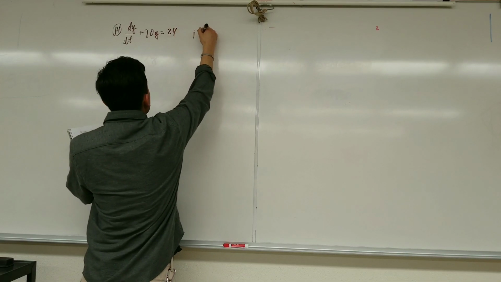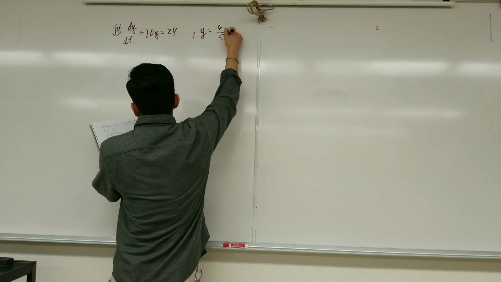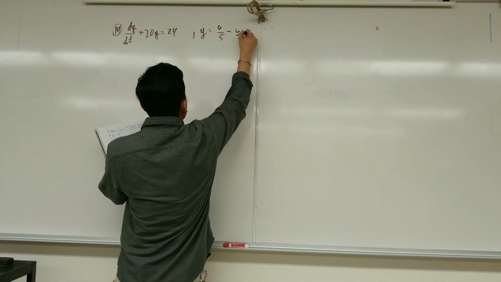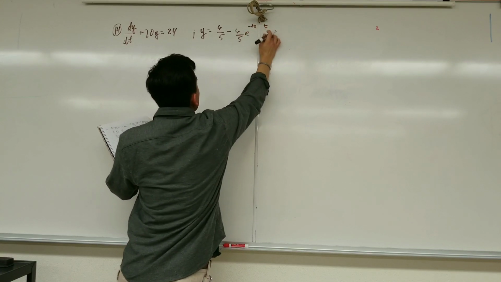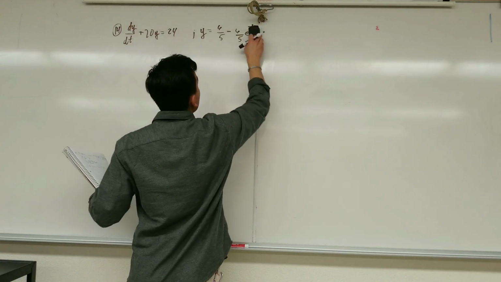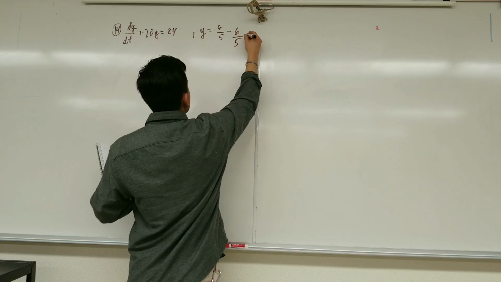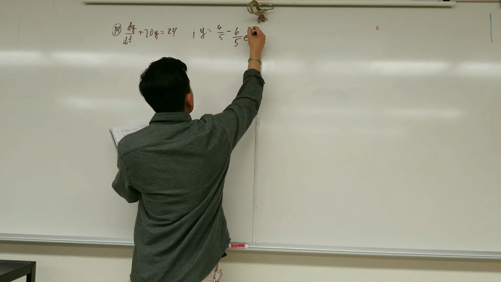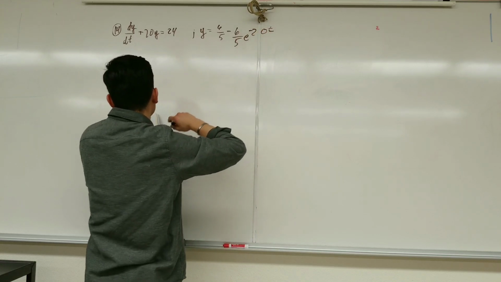And then you'll have y is equal to 6 over 5 minus 6 over 5 e to the negative 20t. Let me just rewrite that. That's a negative 20t.